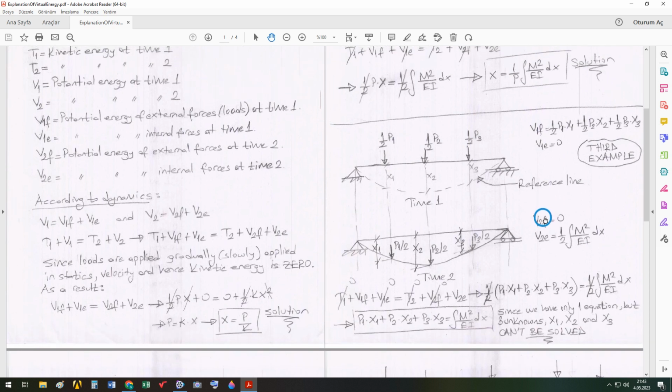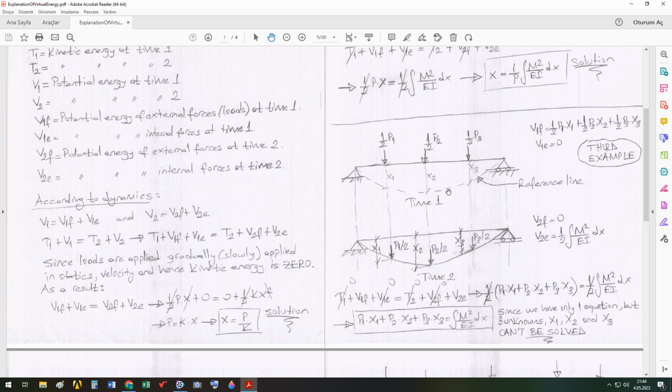Now in the third example, I have selected 3 concentrated loads. They are applied statically, gradually, or slowly. That's why I put their half average values here. Average values of P1, P2, and P3 are here. In the beginning, loads are applied, located on the beam, no deflection. In the end, loads are on the deflected shape, which is also in equilibrium under the applied loads.